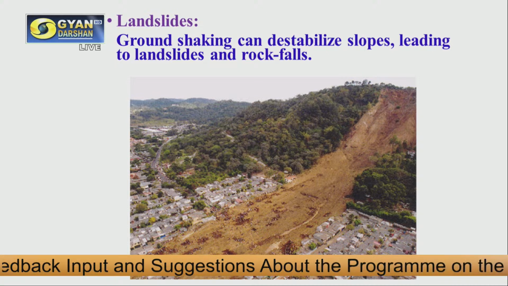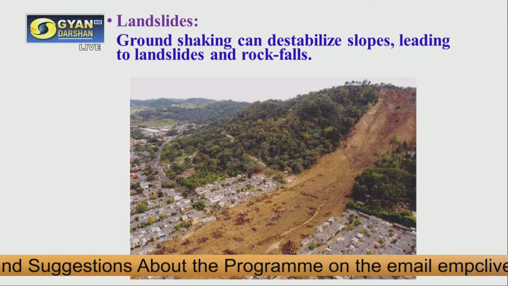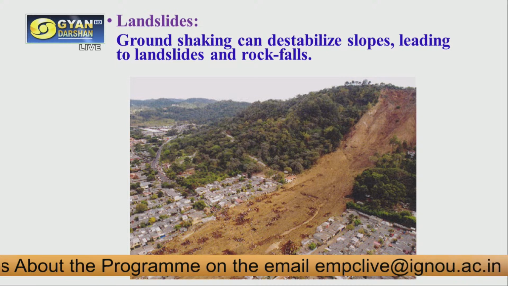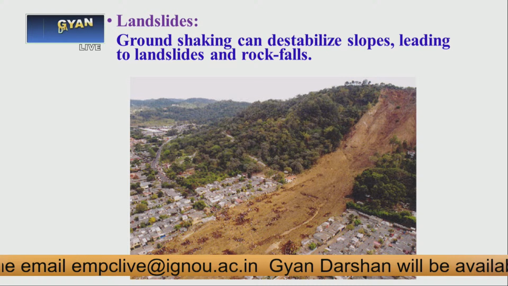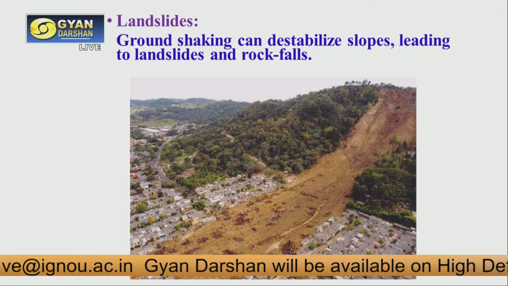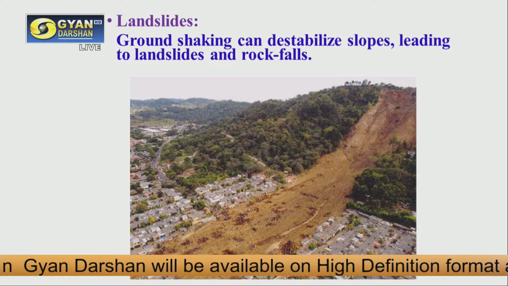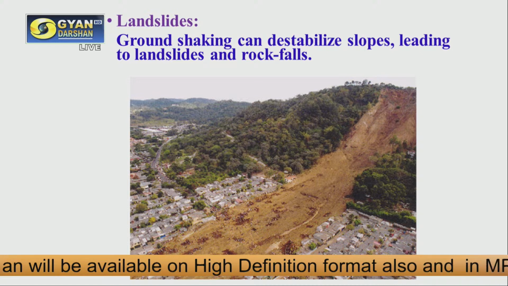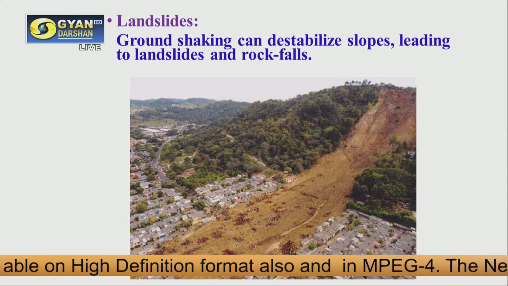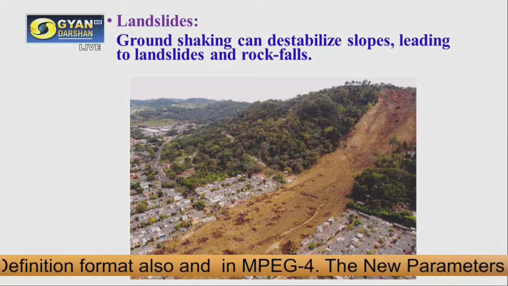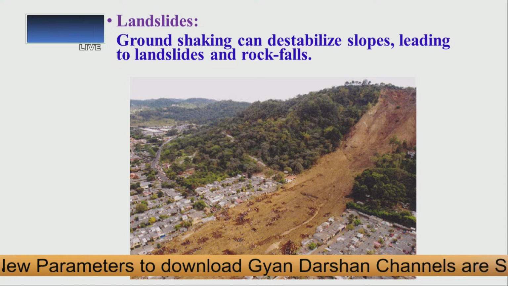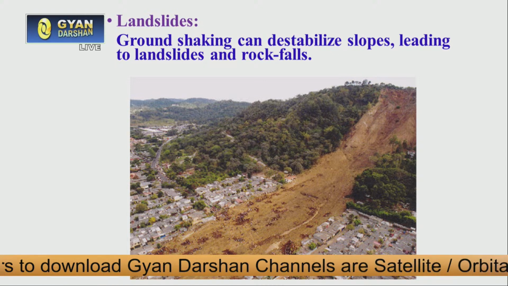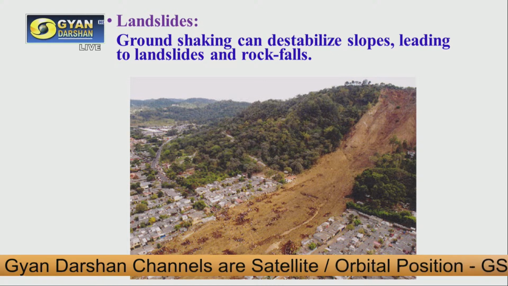This landslide may cause damage to structures and may cause the death of human beings, because a large mass of earth moves from the slopes downward, and whatever comes in its way, it just washes out. As you see here, in a built up area, a lot of buildings are destroyed because of this large moving landmass.